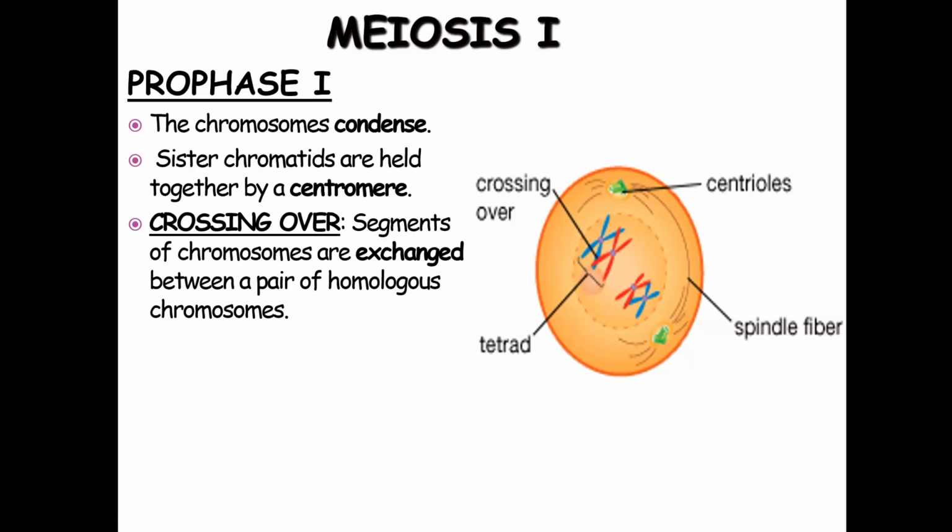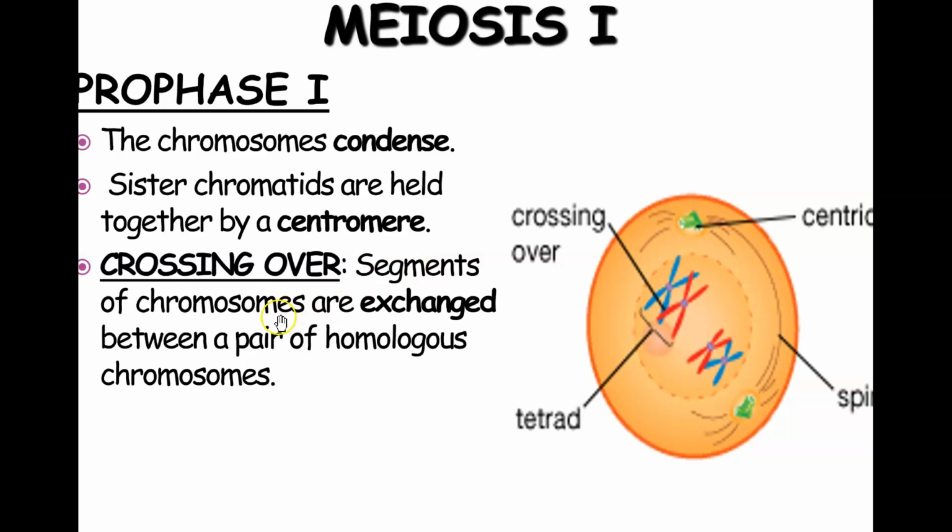Crossing over occurs during prophase 1. This is a very, very important and significant event. It allows genetic information to be changed a little bit. There's an exchange of genetic information between the pairs of homologous chromosomes.